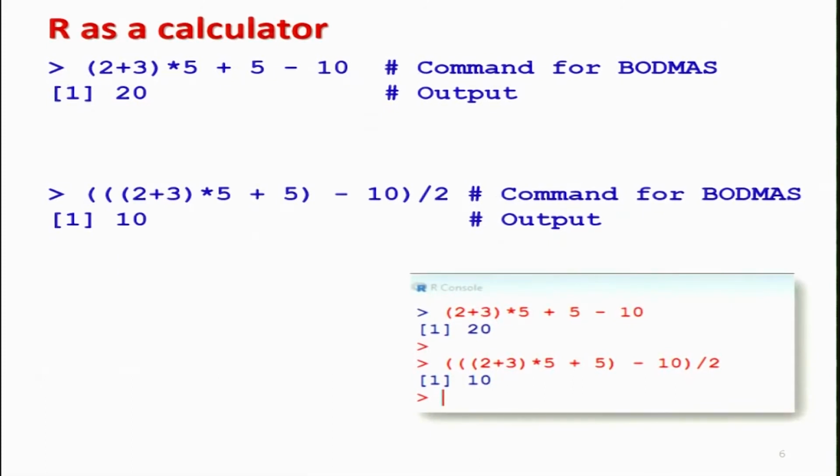So, that is the reason that we do not use them here in mathematics, right. For example, if I write an expression like 2 plus 3 inside the parenthesis into 5 plus 5 minus 10. First of all, the expression inside the bracket is going to be solved. So, this will become 5 and then 5 into 5, so this becomes 25, and then addition, 25 plus 5, this becomes 30, and then 30 minus 10, this is 20.